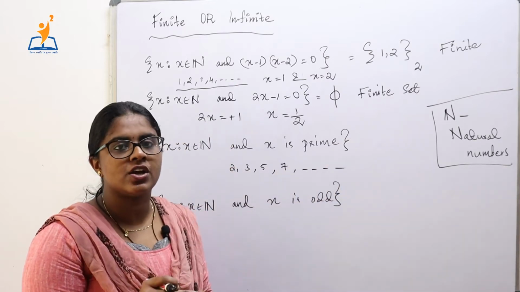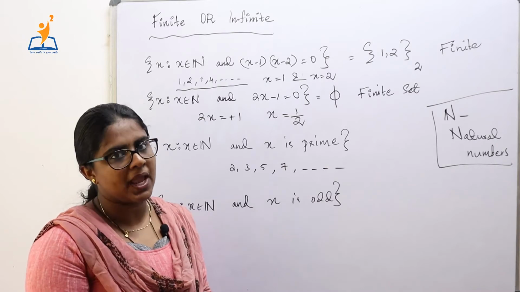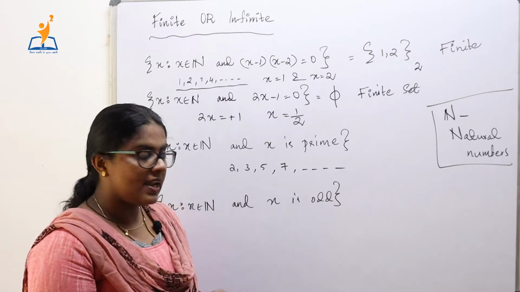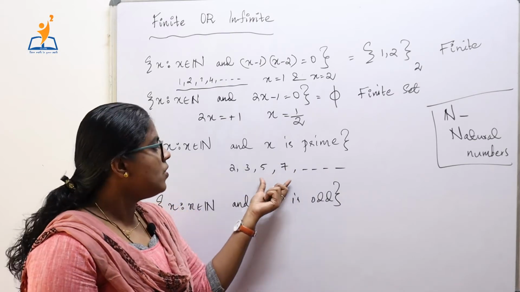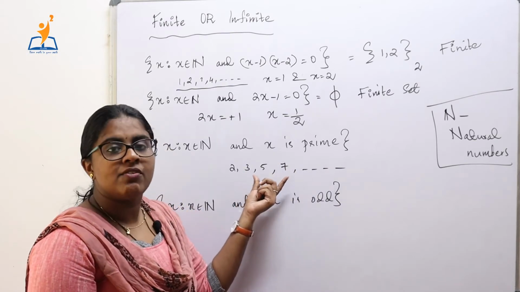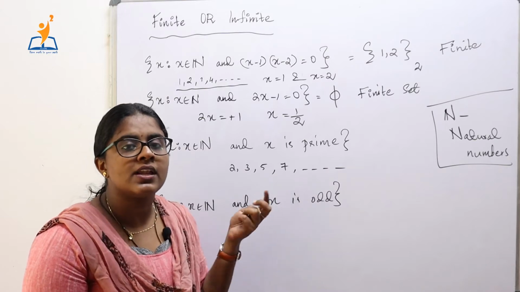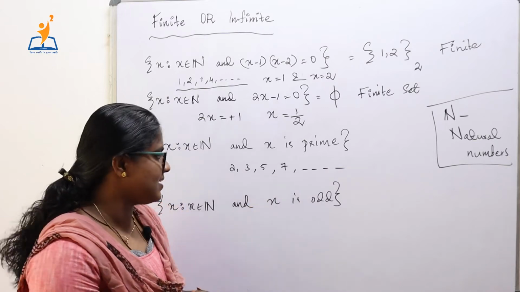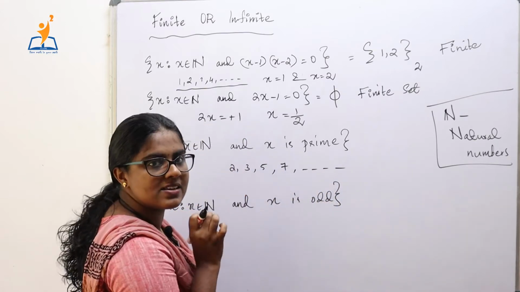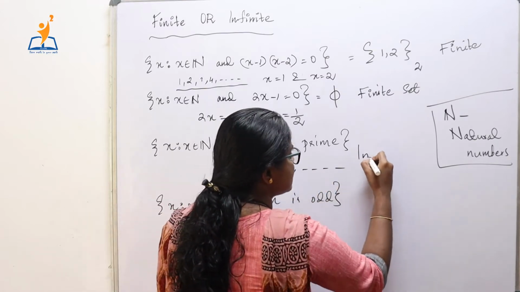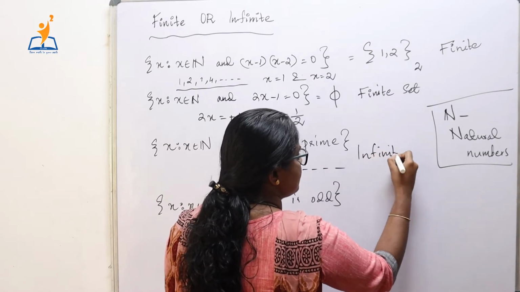We cannot say what the last prime number or the last natural number is. We cannot count the total number of prime numbers existing. So the cardinality of this set is not a definite number. So this is an infinite set.